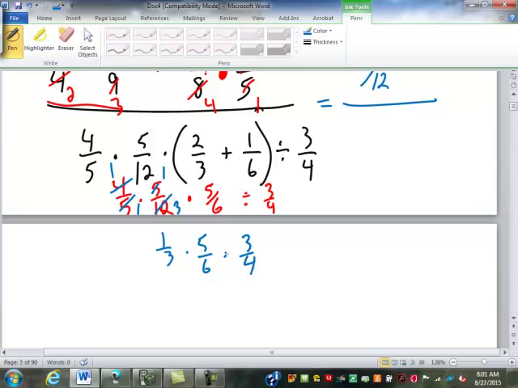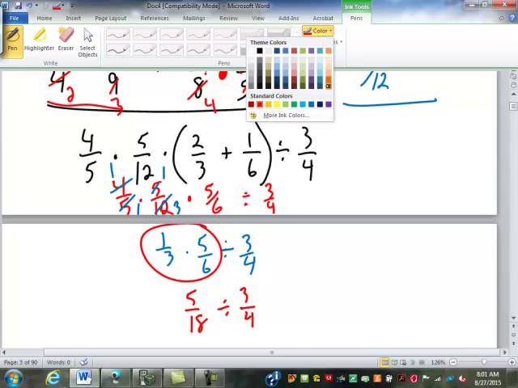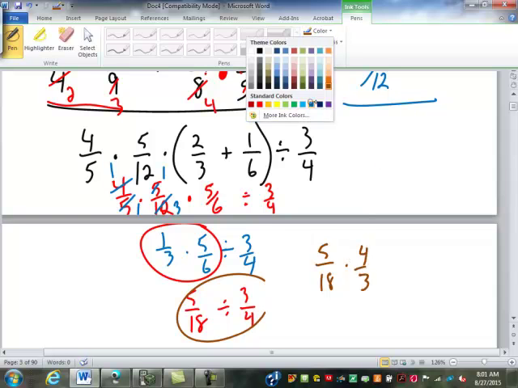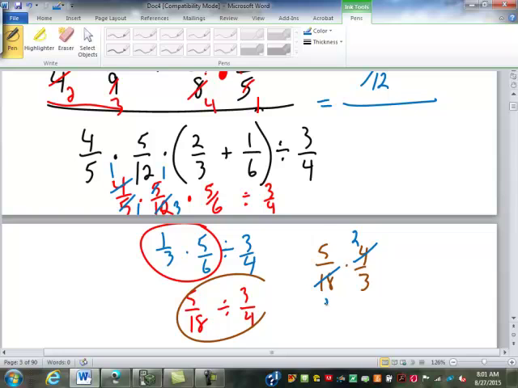And then that multiplies to make 5/18. And then this becomes 5/18 times 4/3. 4 and 18 make 2 and 9, so this will be 10 27ths.